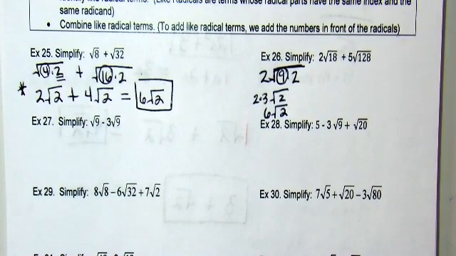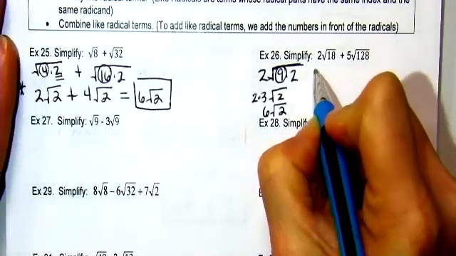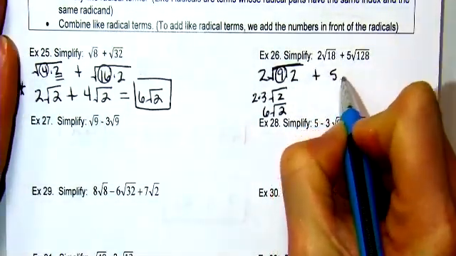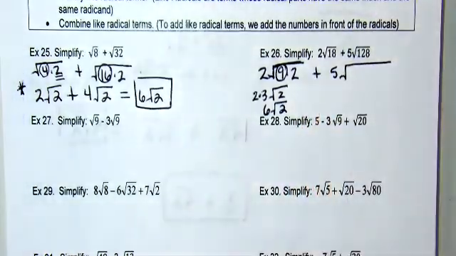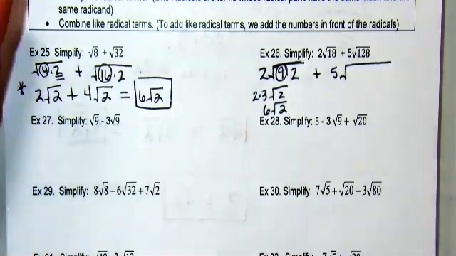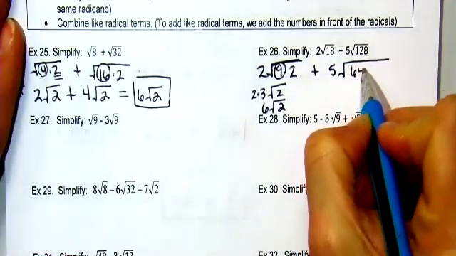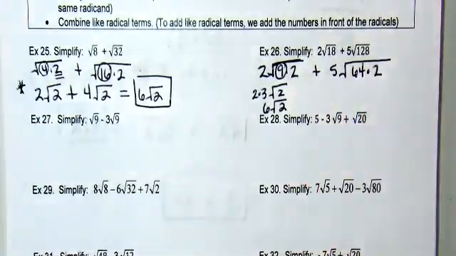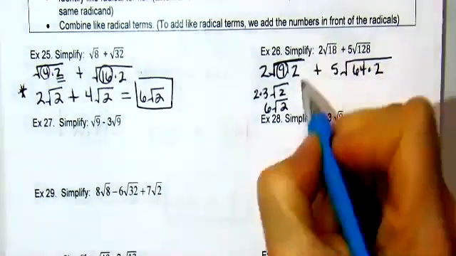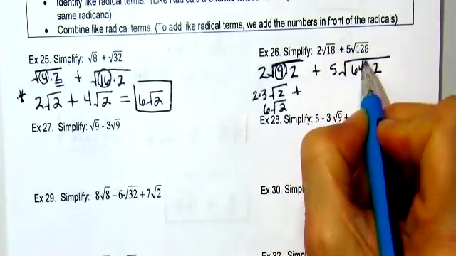Let's look here. Honestly, I can't remember exactly what the perfect square number is. It's 64. So I say plus 5. And then underneath, if I take 128, if I take 64 times 2, that's 128. I just did it like that because I know 64 is a perfect square number.